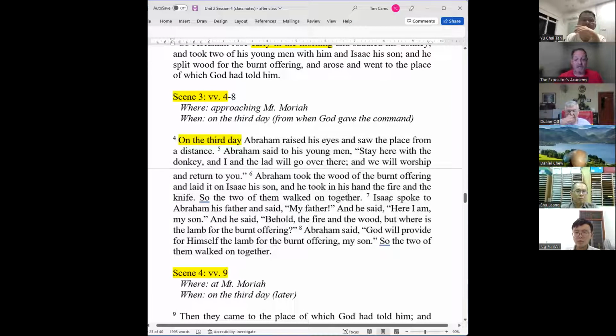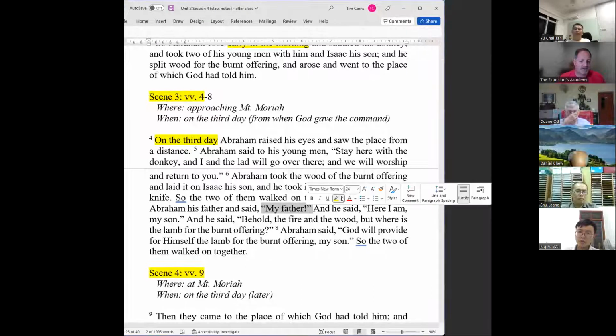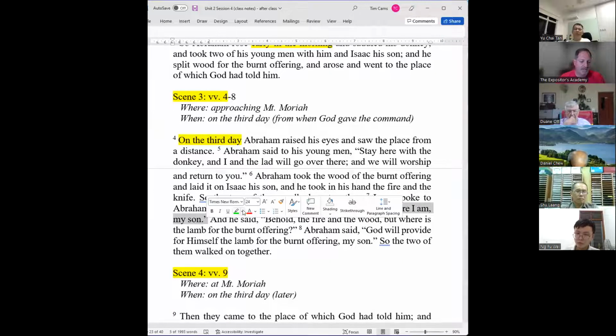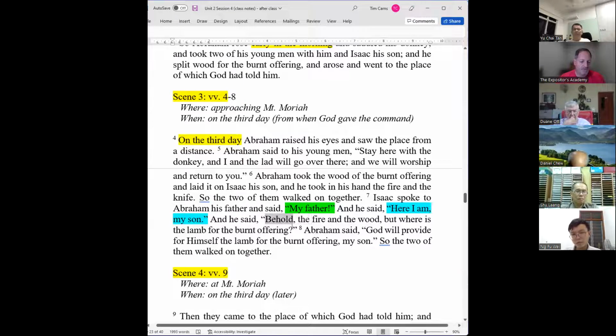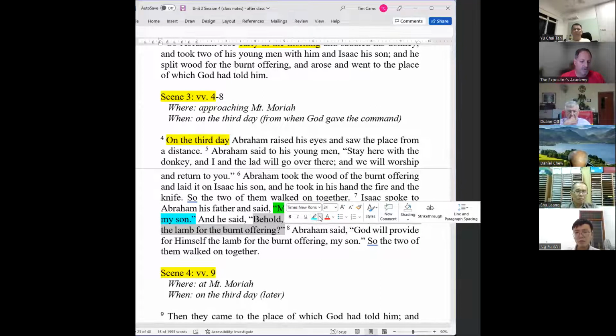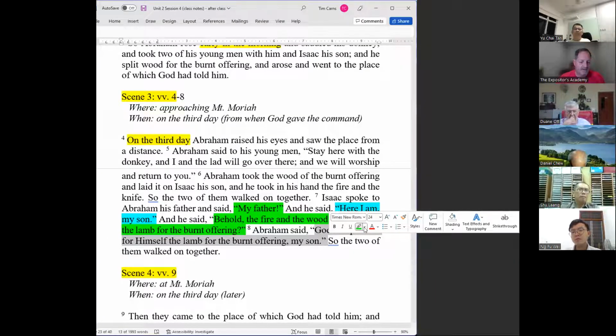And again, even this dialogue may have been longer. We don't know. He only puts down, okay, Isaac says, my father. Abraham says, here I am. Isaac says, behold the fire and the wood, but where's the burnt offering? Abraham says, God will provide.